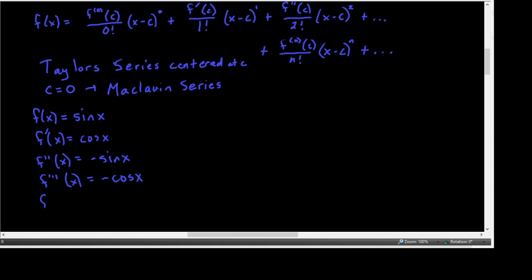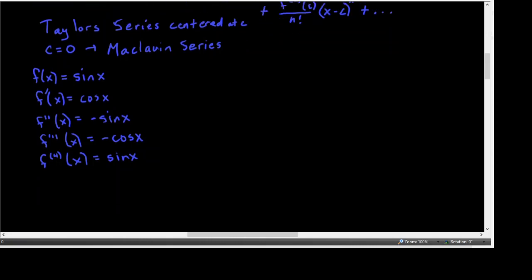The fourth derivative is sine of x, and then they start repeating in this cycle of four items that are repeated over and over from here on out. I'm going to go ahead and write down one more. It's a good idea to go through about the fifth derivative, just as a general piece of information there.